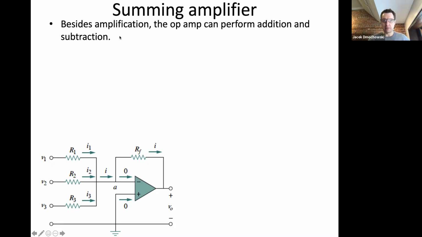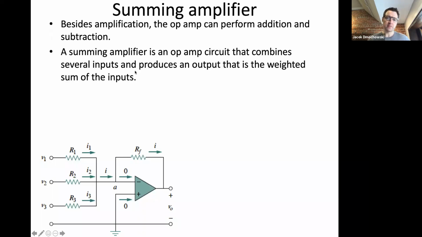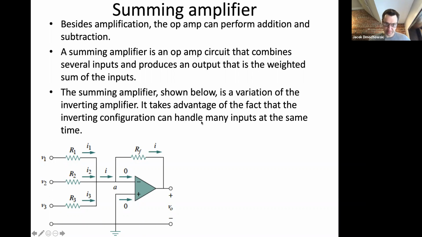Previously we said that the op amp can add and subtract, and this is how it's going to do it. So basically, you can think of it as a combiner of different voltages. It's going to do a weighted summation of these three voltages, and the weights of that summation are going to depend on these resistors R1, R2, R3, and RF.